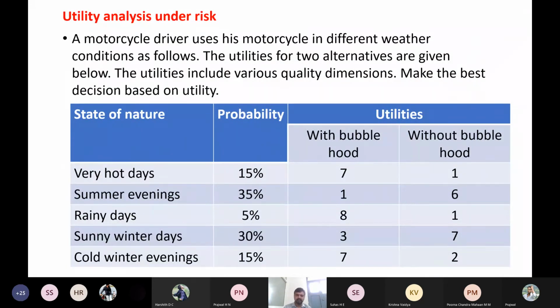Another simple problem. In this problem, they have directly given the utility numbers, so the calculation required is very little. And they have given the probability, or you can consider it as weightage also. A motorcycle driver uses his motorcycle in different weather conditions as follows.